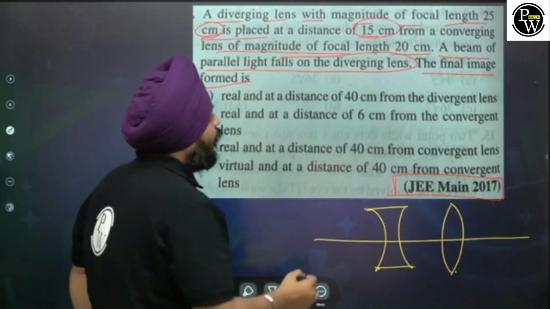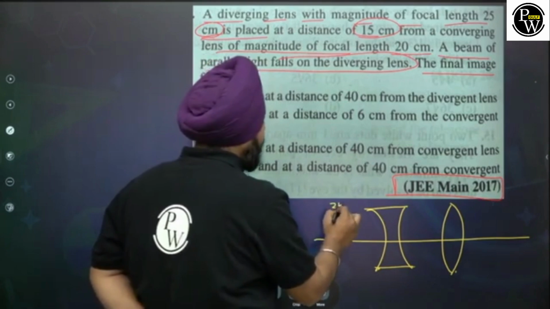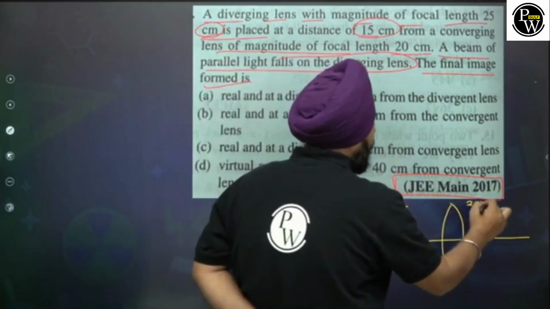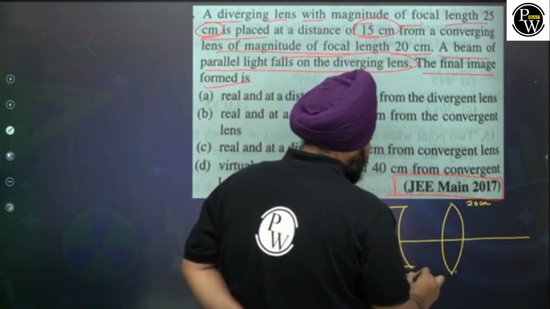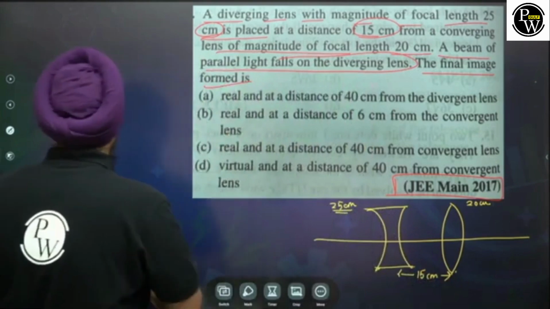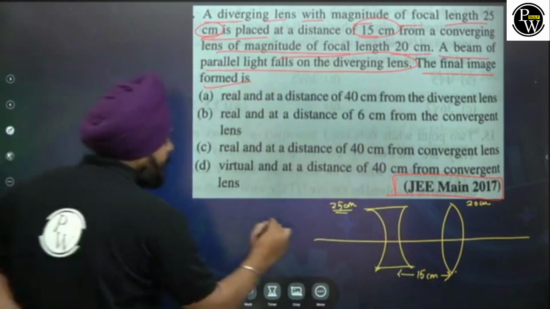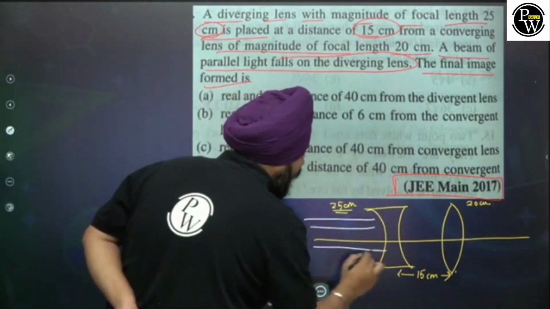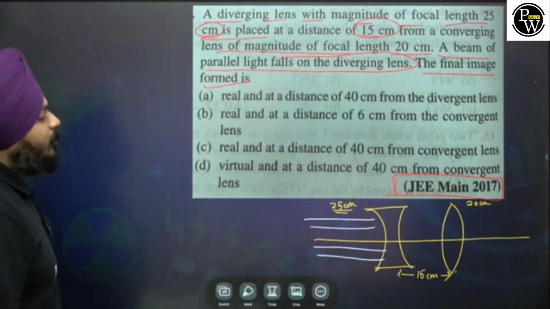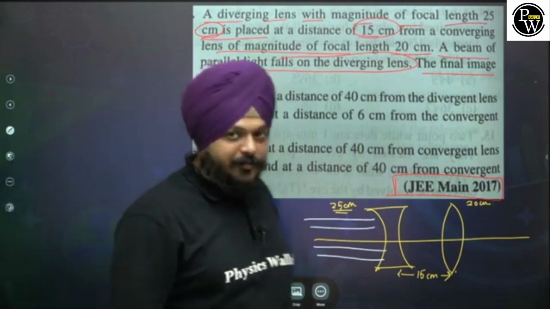The focal length of the diverging lens is 25 centimeter. The focal length of the converging lens is 20 centimeter. The distance between them is given as 15 centimeter. The parallel rays of light are coming to the diverging lens. Then we have to find out at what final position the image is formed.